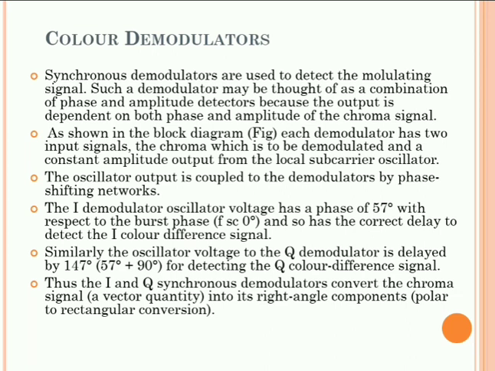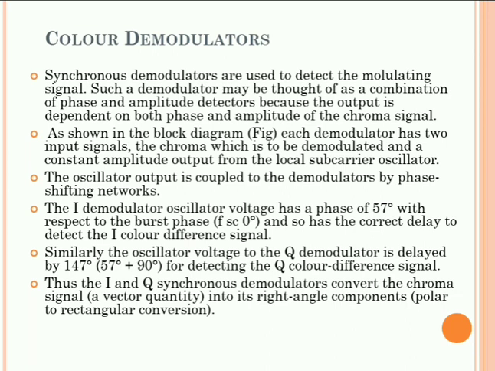The I demodulator oscillator voltage has the phase of 57-degree with respect to the burst phase, and so has the correct delay to detect the I color difference signal. Similarly, the oscillator voltage to the Q demodulator is delayed by 147-degree, that is 57 plus 90-degree, for detecting the Q color difference signal.